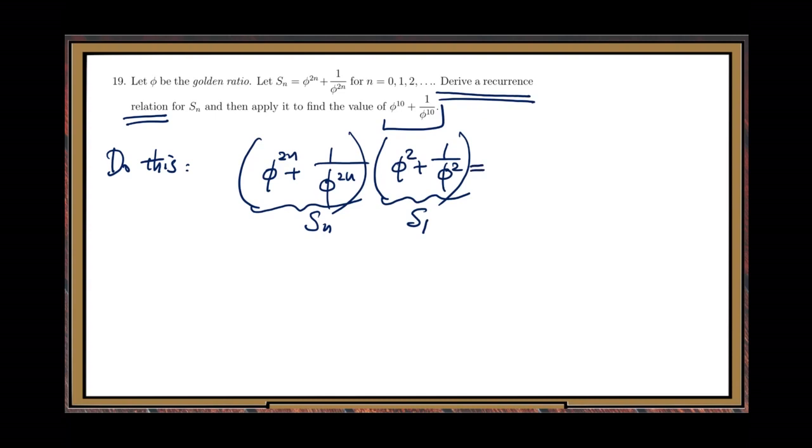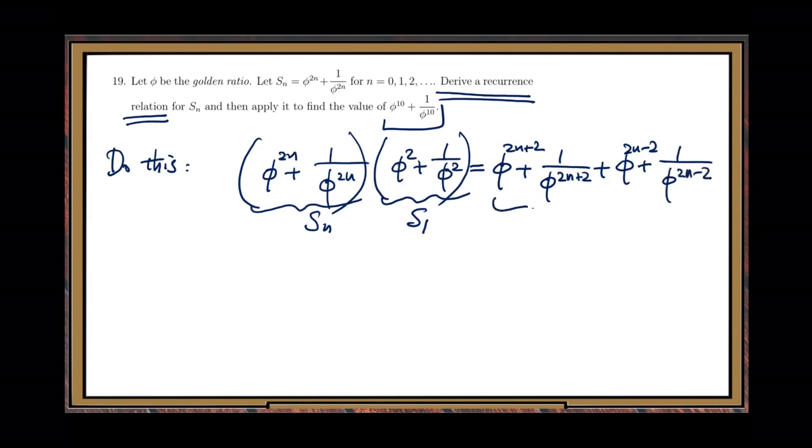Let's do the expansion: phi to the 2n plus 2, plus another term, 1 over phi to the 2n plus 2, and another one, phi to the 2n minus 2, plus 1 over phi to the 2n minus 2.